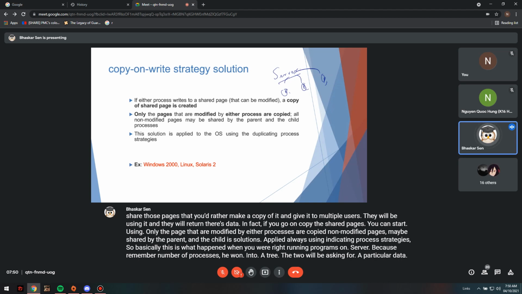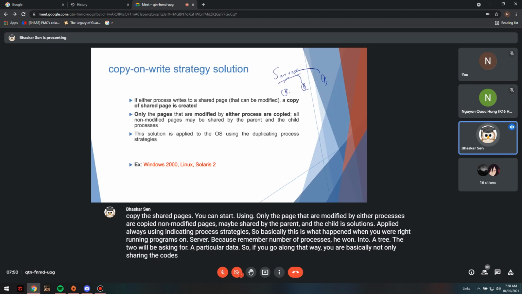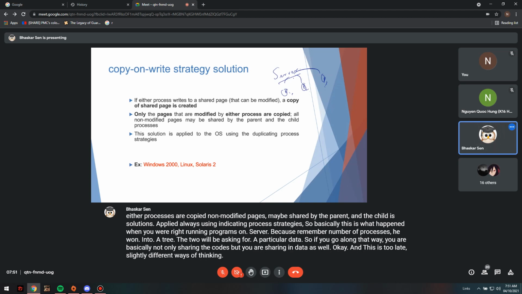So if you go along that way, you are basically not only sharing the codes, but you are sharing the data as well. Okay? And there are two slightly different ways of thinking. All right. And in a minute, I'll tell you what exactly it means and how they do it.